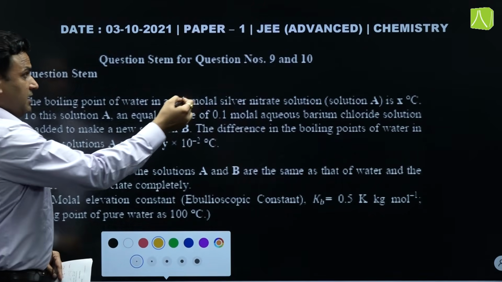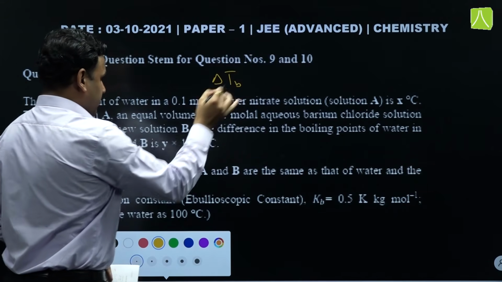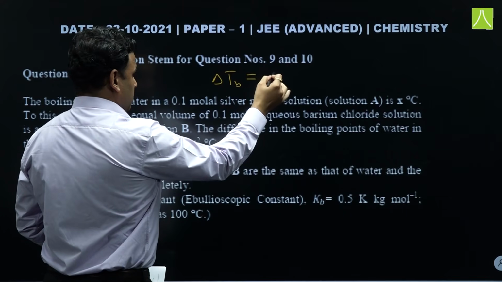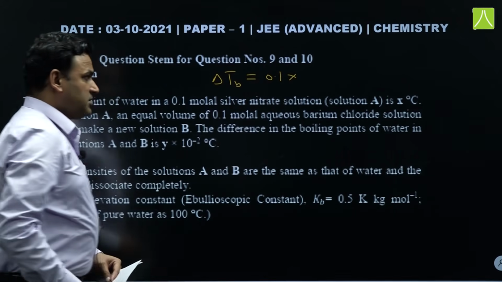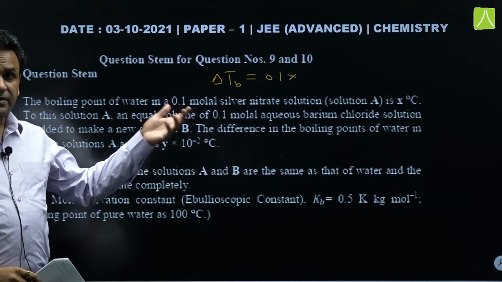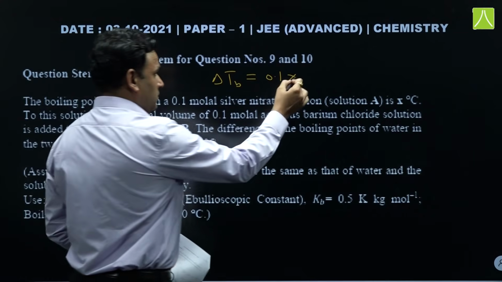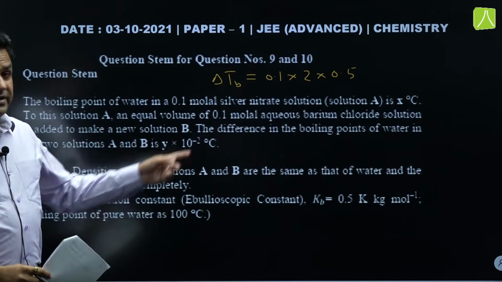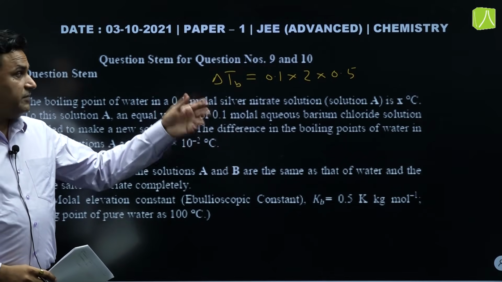Now, boiling point elevation delta Tb we can calculate. Delta Tb is equal to molality, that is 0.1 molal. Silver nitrate is 100% dissociated. So, its van't Hoff factor will be 2 into Kb, that is equal to 0.5. So, delta Tb will be equal to 0.1, that is elevation in boiling point.